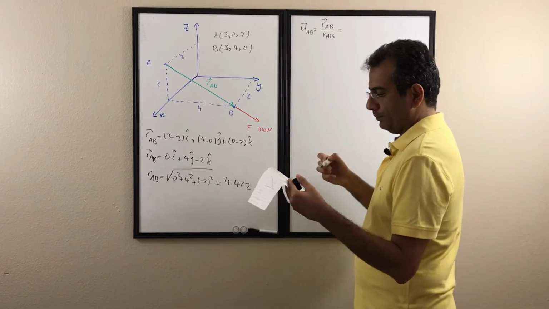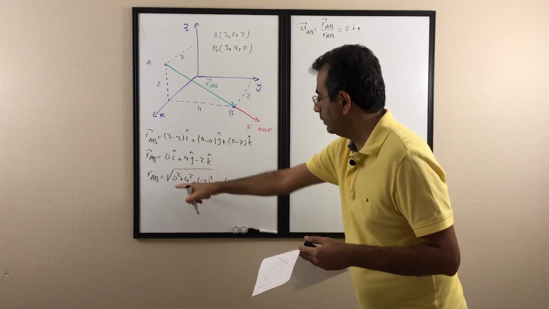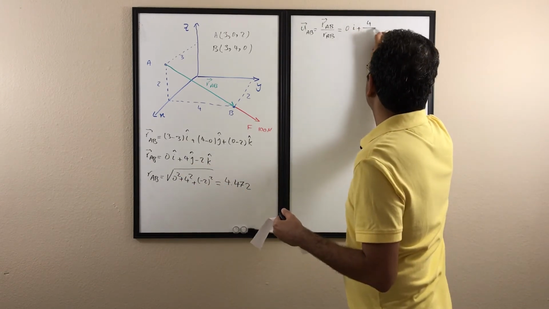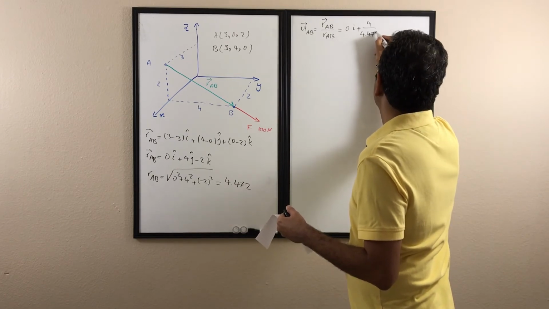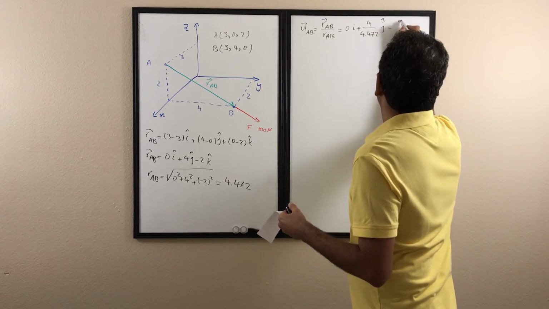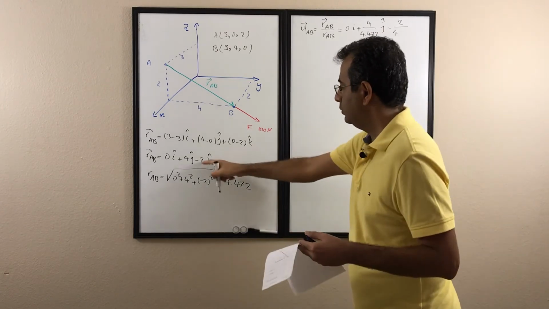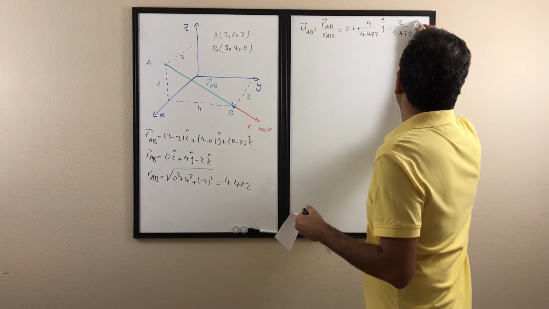Which is going to be 0i plus 4 divided by 4.472 j minus 2 divided by 4.472 k.